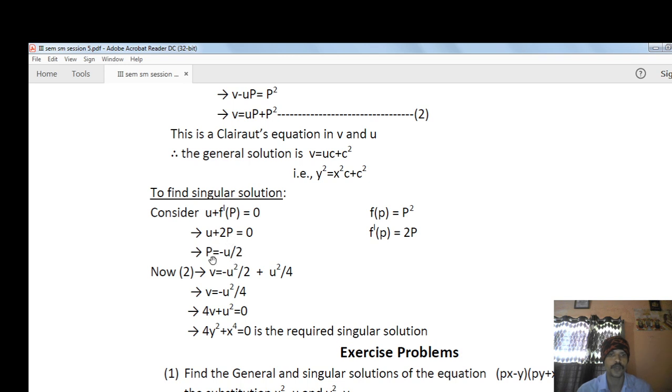Now it is easy to remove P value between this equation and this equation, because I directly have P value. So by substituting P value in this equation 2, definitely P will be eliminated. After substitution of P value, the equation 2 implies V is equal to P is minus U by 2, but U is already there.